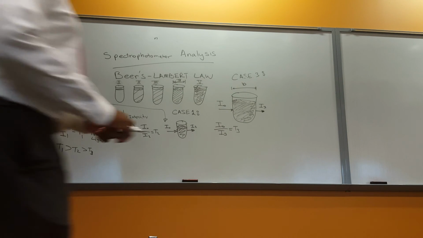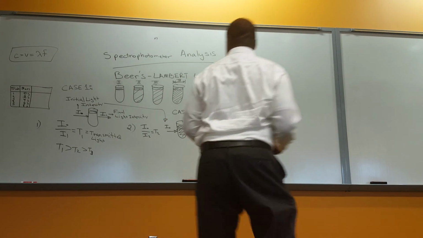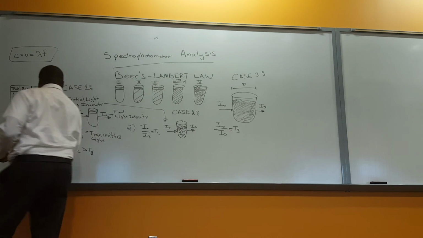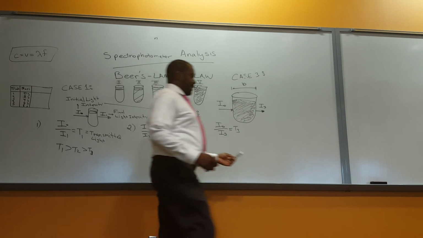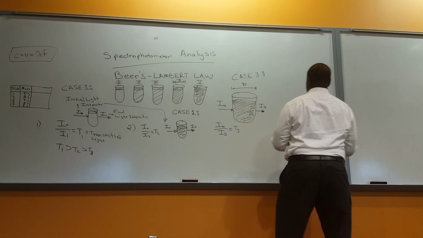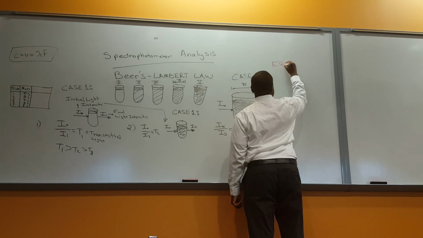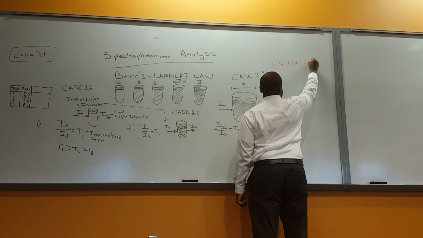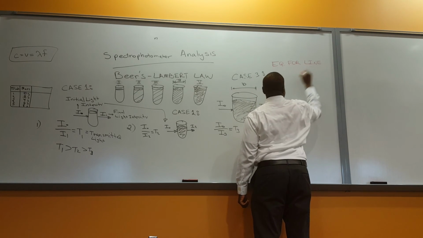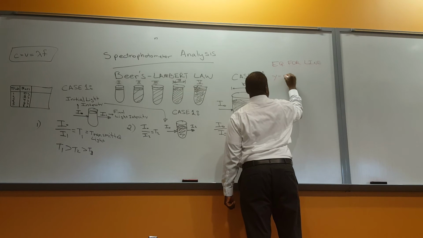So now we're going to get to the actual law here, right? Equation for a line is y equals mx plus b.